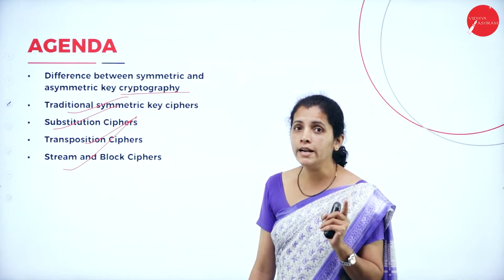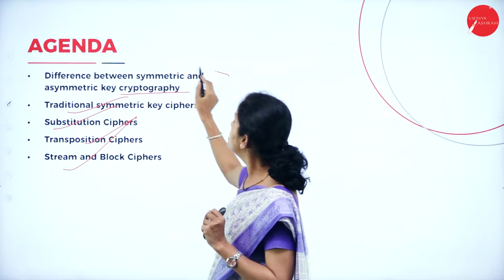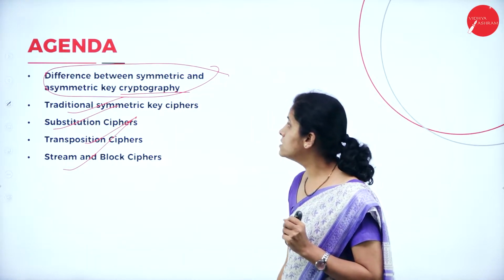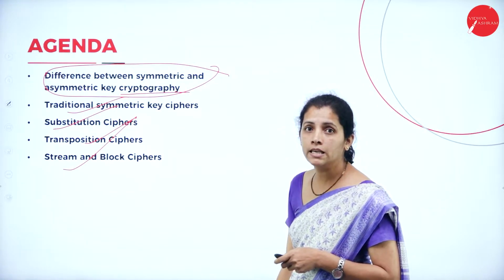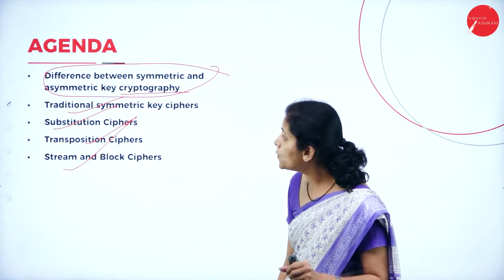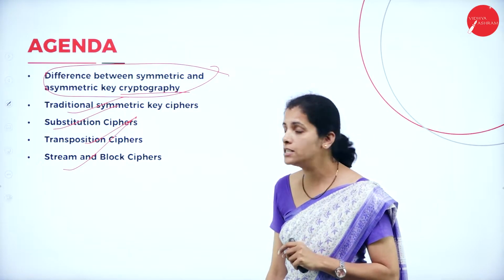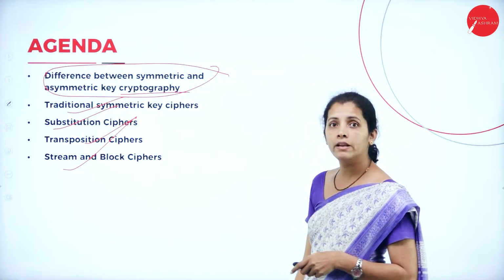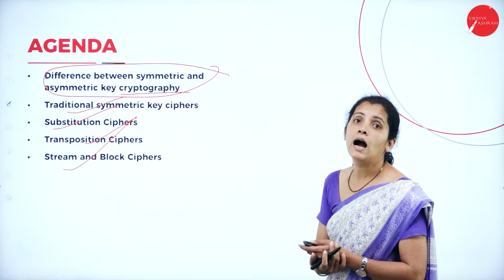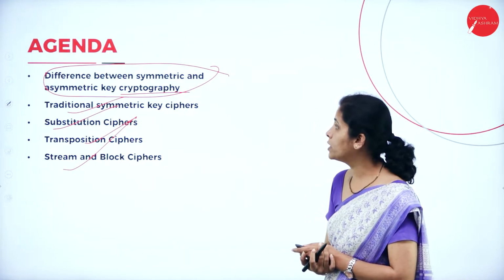So dear students, from the examination point of view, the difference between symmetric key crypto system and asymmetric key crypto system is very important. Along with that, the substitution cipher as well as the traditional cipher are very important, and the block cipher and stream cipher are also very important.